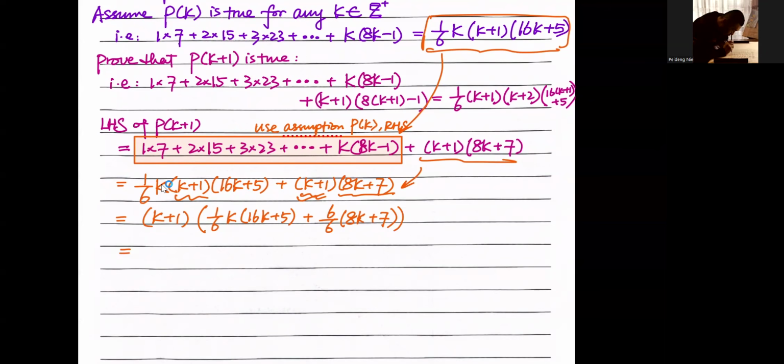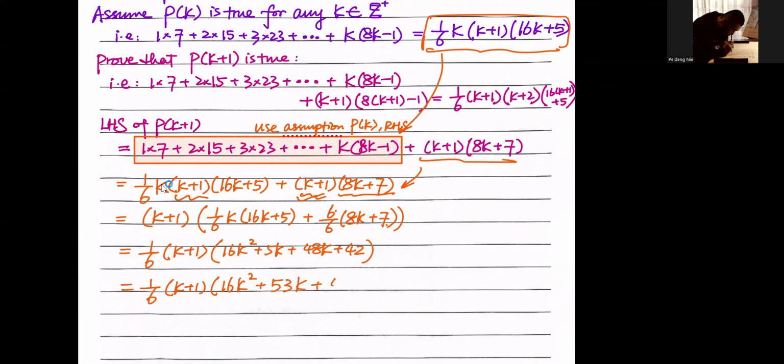For example, you could actually bring out 1 over 6 times (k plus 1). You could have 16k squared plus 5k plus 48k plus 42, 6 times 7. And 1 over 6 times (k plus 1) times (16k squared plus 53k plus 42).